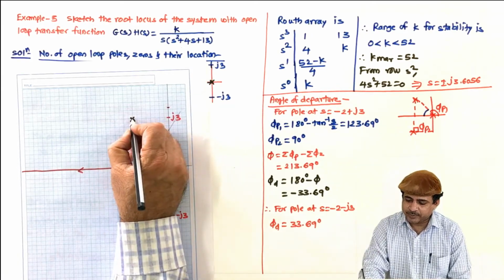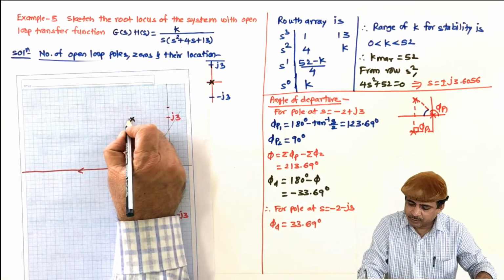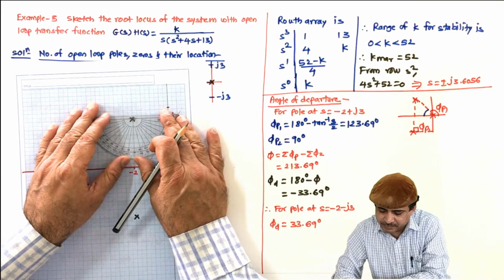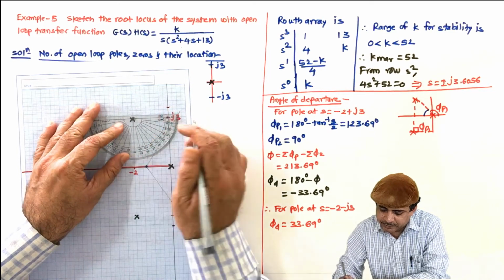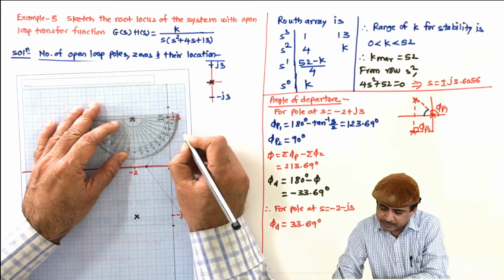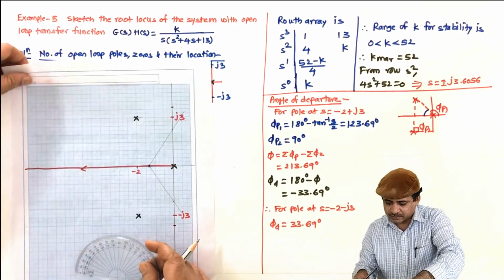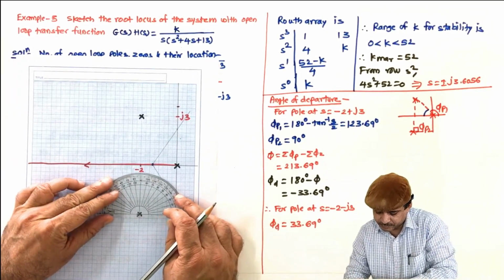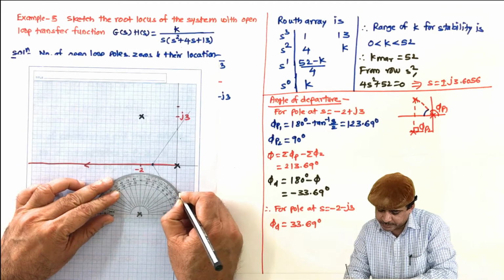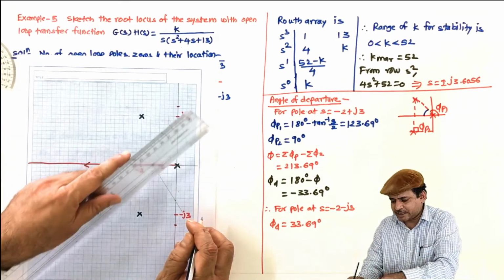But what is the angle of departure here? 33.69. So we will make a line here, and the angle is 33.69, in the positive side.